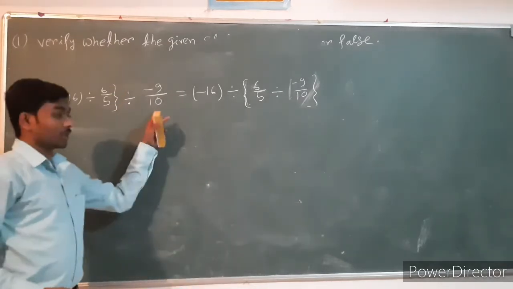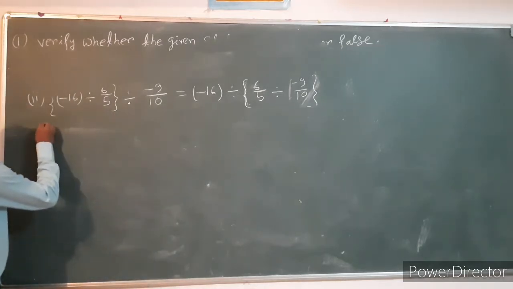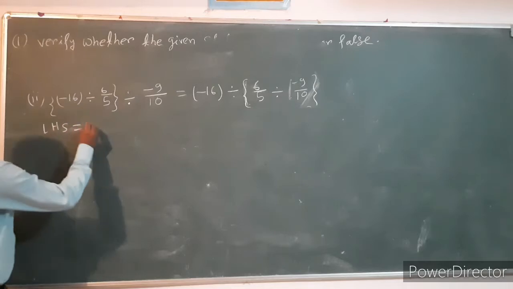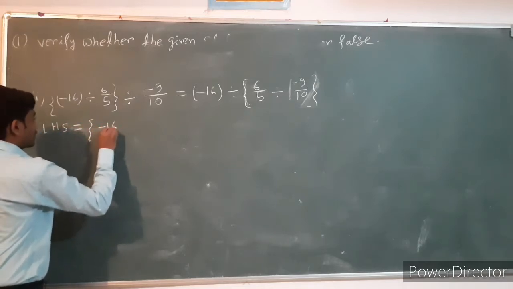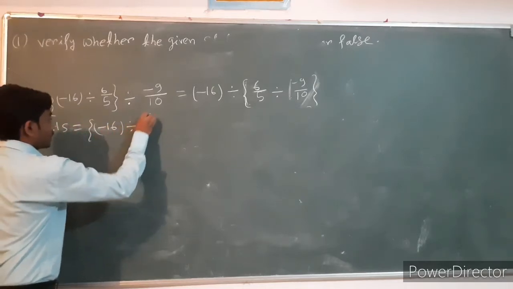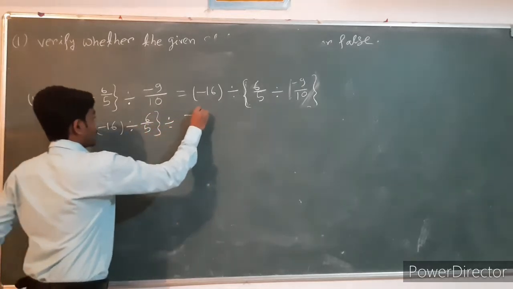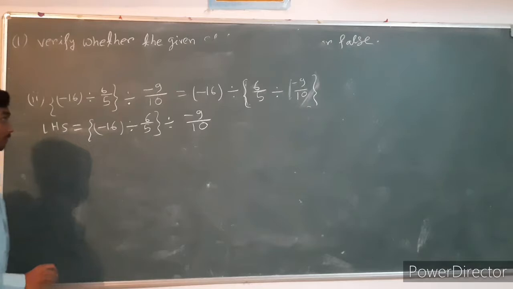Now we solve the second question. So LHS is equal to minus 16 divided by 6 upon 5 divided by minus 9 upon 10.